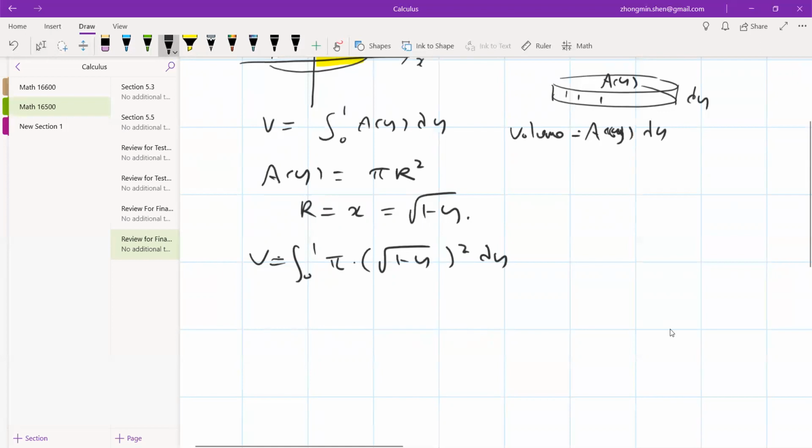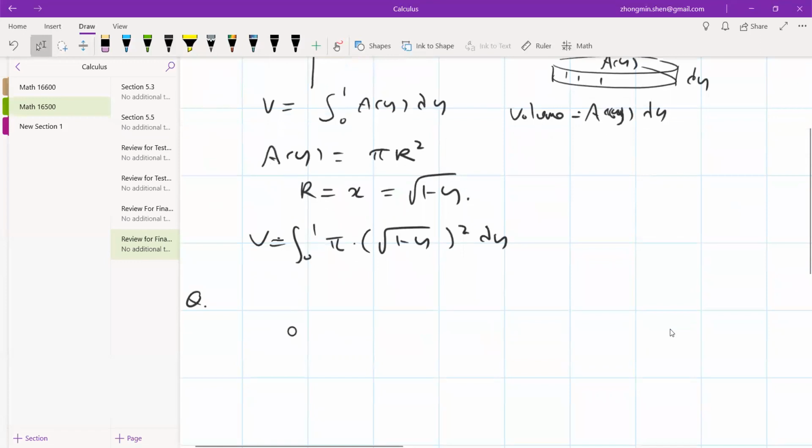Okay, so now we are going to talk about the limit first. The limit. The first problem is to find the limit of 5x squared minus 1 over 3x squared minus x plus 3.